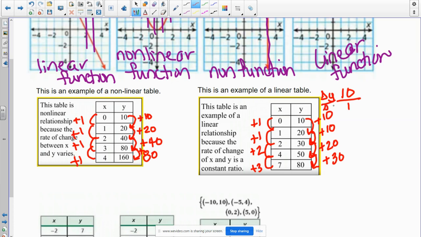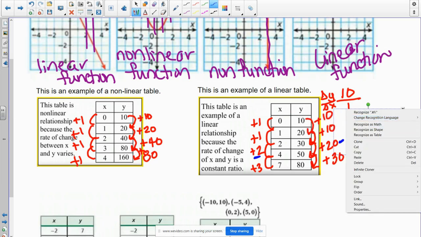The change of the x was 1. Okay, we can see that's the same for the second one. If we look at this one, the change of the y was 20. The change of the x was 2. Well, 20 over 2 is the same thing as 10 over 1.